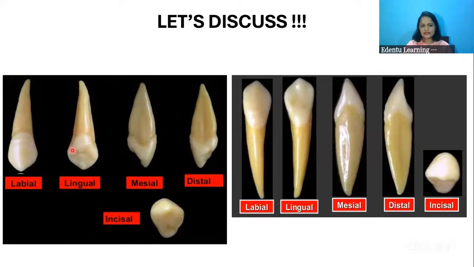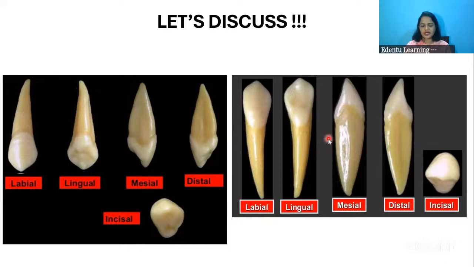From the lingual side, the cingulum is really prominent in the maxillary canines and less prominent in the mandibular ones. Since the cingulum is less pronounced, the lingual fossa and the marginal ridges are also bland, very smooth in nature.